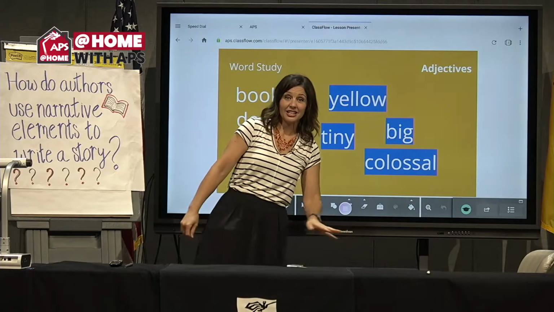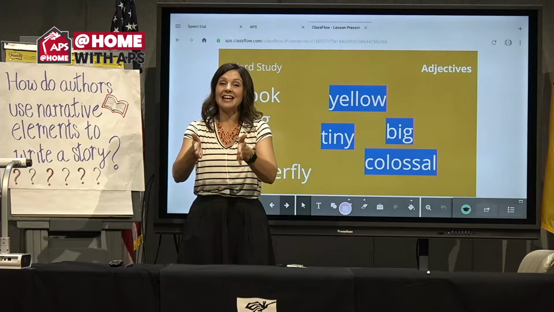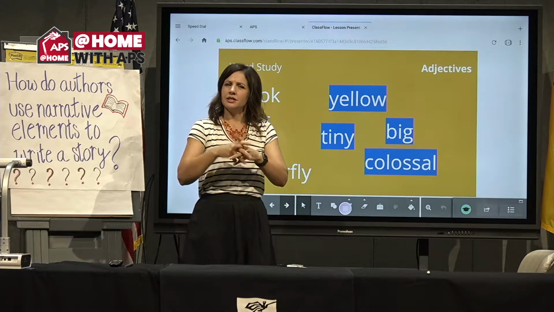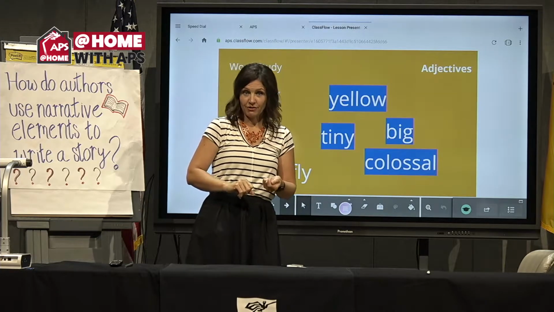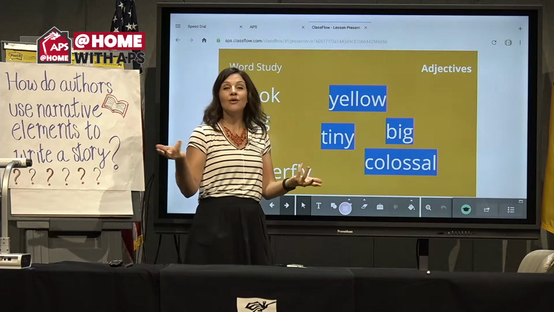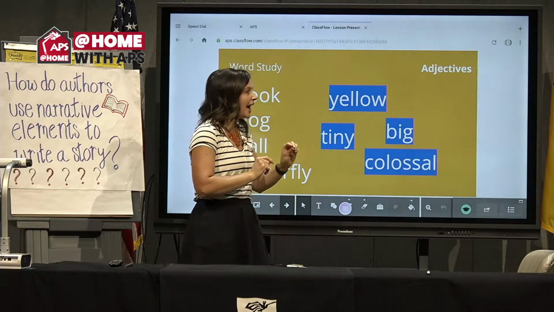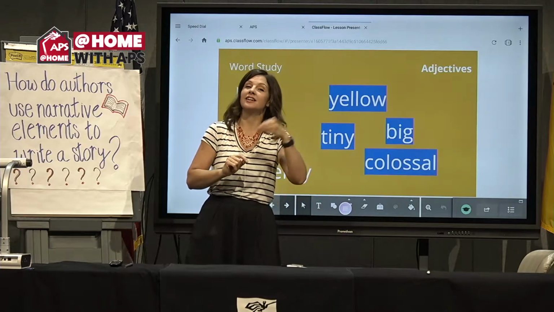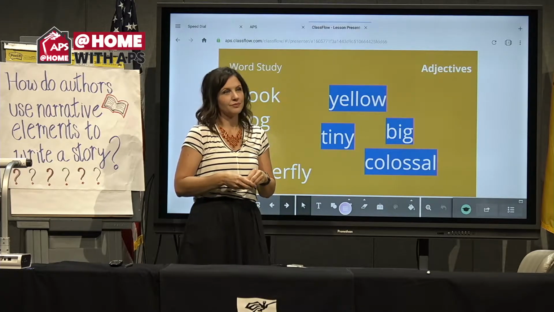These adjectives need nouns. They need to work together. So if I say, did you see that tiny butterfly? Then you might look around and say, no, I missed it. Or yes, I did. So the adjectives that have the blue background need nouns. They need to describe things.